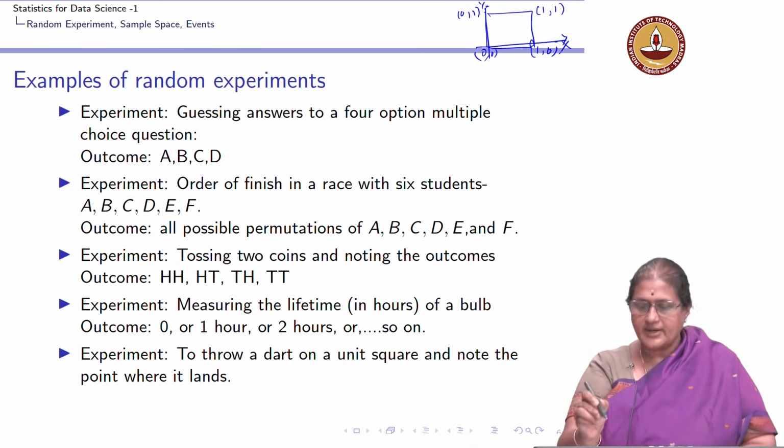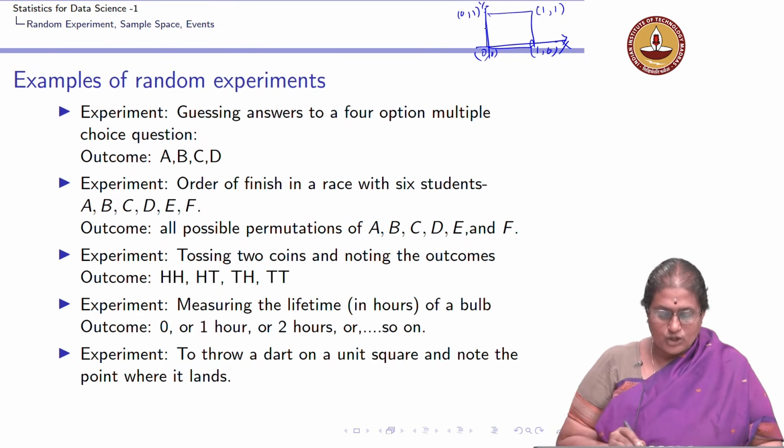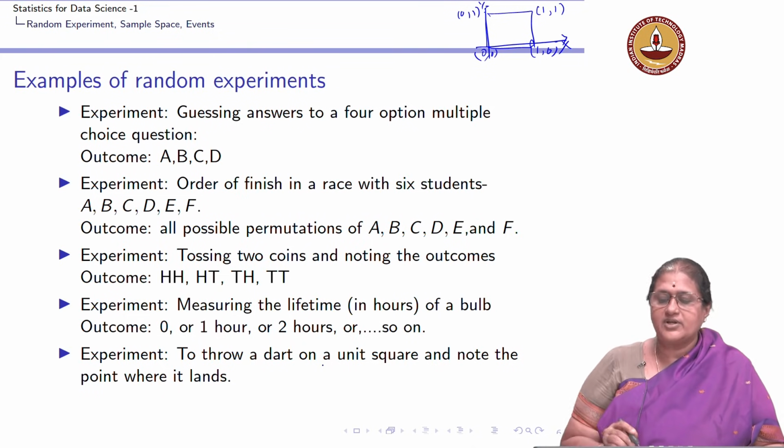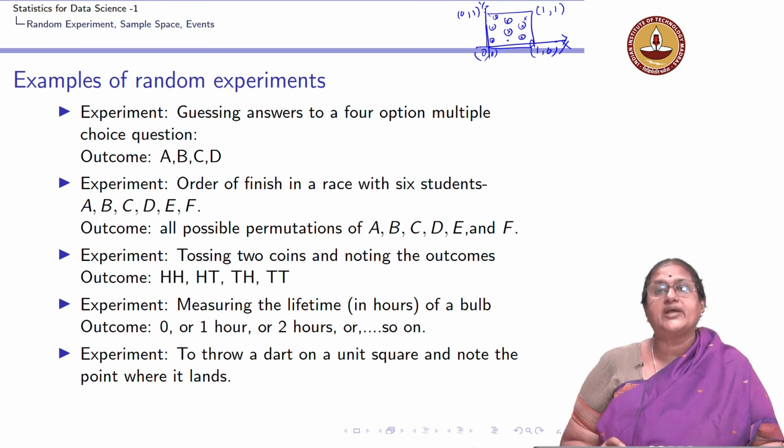I am throwing a dart and I assume that this dart is going to land within the square. Now, the dart could land at this position, it could land at this position, it could land anywhere. So, there is an uncertainty as to where this dart actually lands.